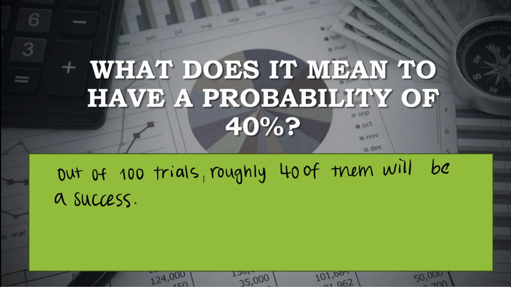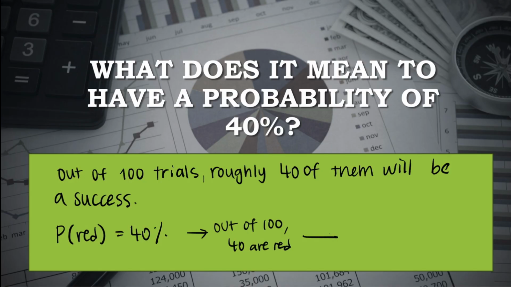So let's say like the probability of getting a red candy. And this is a notation, by the way, and I'll talk more about that in another video. The P represents the probability, and then in parentheses you write down the success that you want to happen. So if I know that the probability of getting a red is 40%, that means that out of 100, 40 are red. But it also means that I can adjust it.